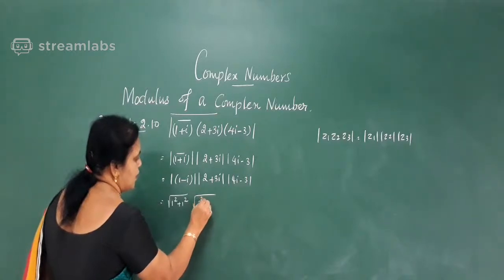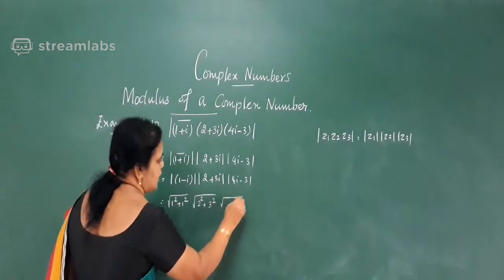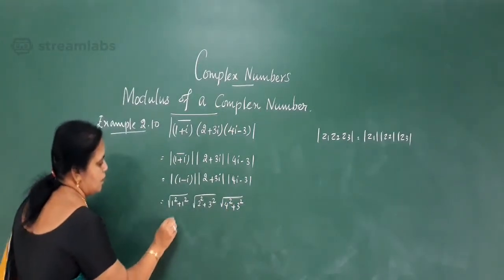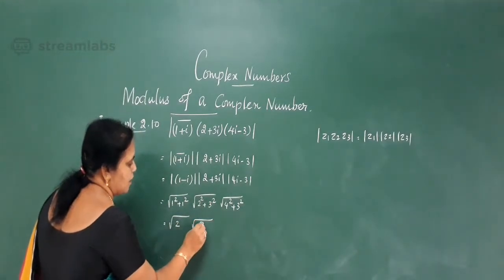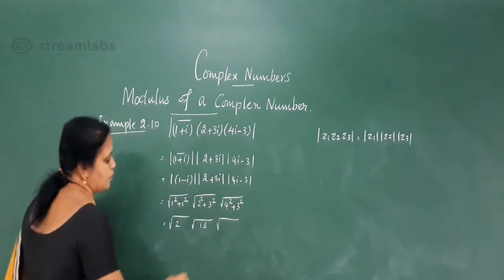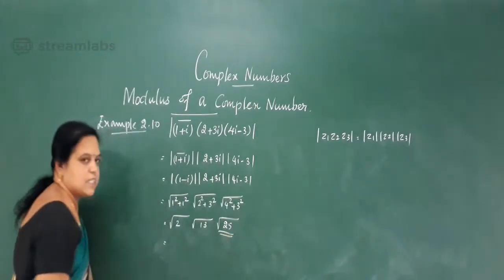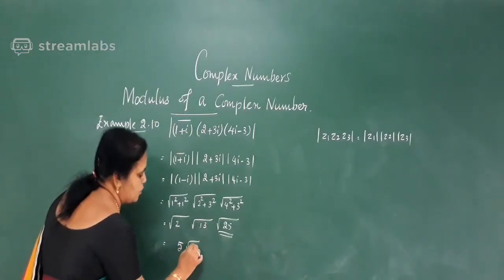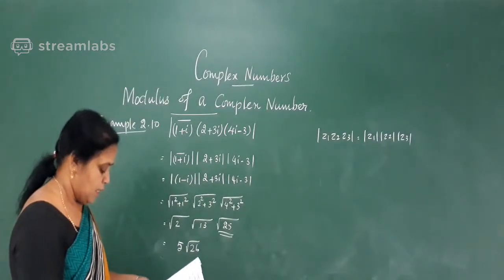Into root of 2 square plus 3 square, into root of 4 square plus 3 square. 1 plus 1, 2. 4 plus 9, 13. 16 plus 9, 25. For this we can easily find the square root, 5. You just multiply these: root 2 into root 13 is root 26, and 5 into root 26. So the answer is 5 root 26.